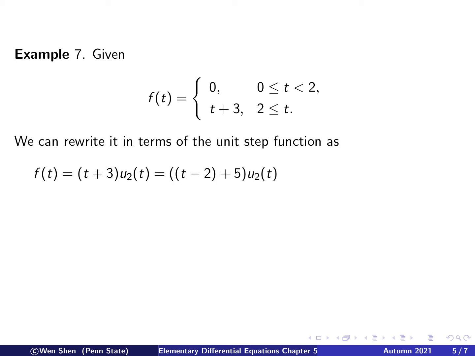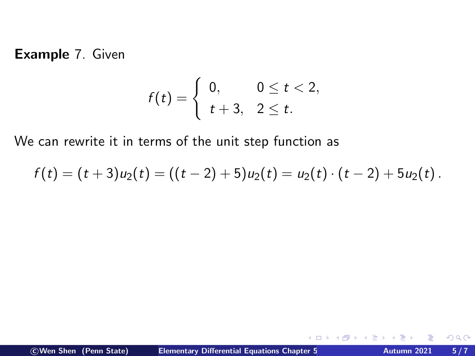Okay, since c is 2 here, we would like to express this as a function of t minus 2. So if we put in t minus 2, then we need to add a 5, so this will still equal t plus 3. Okay, so therefore we write it like that.